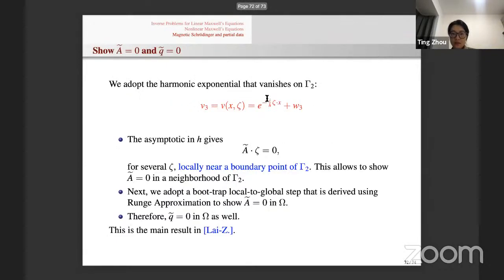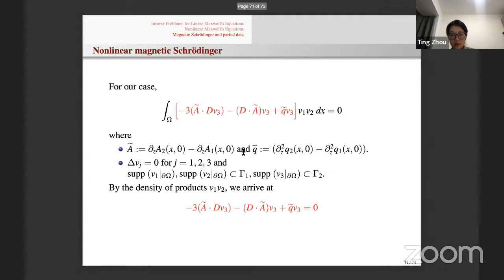Sorry, the asymptotic in H will give us A tilde. Keep in mind that's the difference of the first order magnetic potentials.